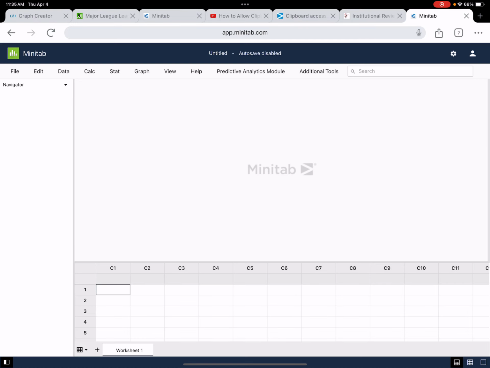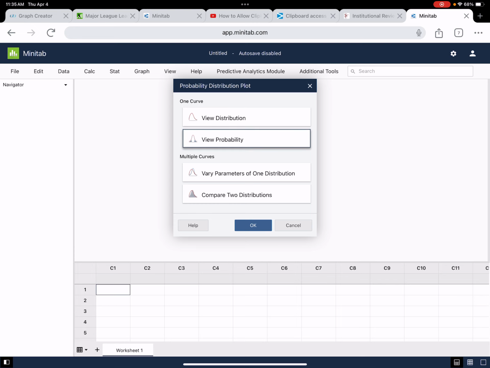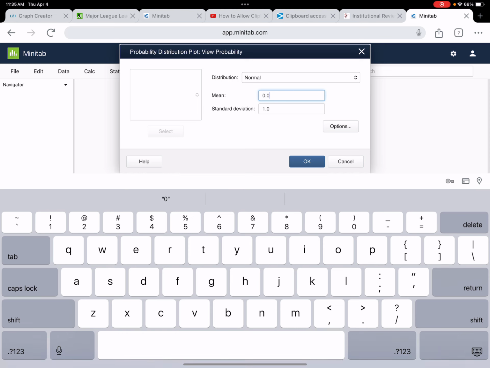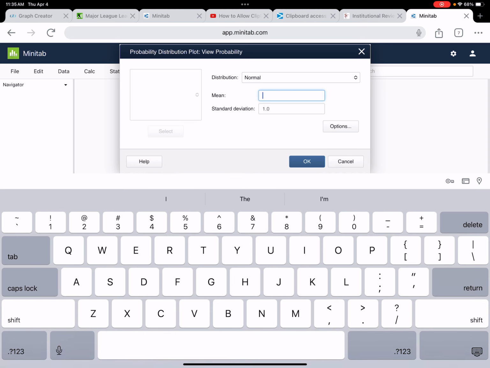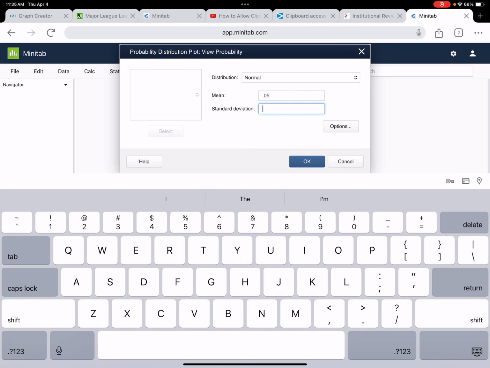And we just open it right up, and we can go to graph, distribution plot, probability. Here our mean is going to be 0.05. And the standard deviation, that's going to take a little bit of calculation.